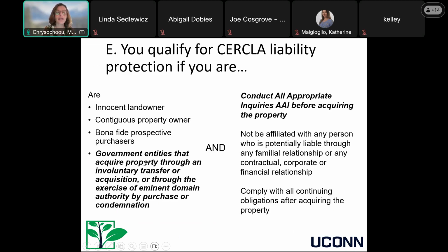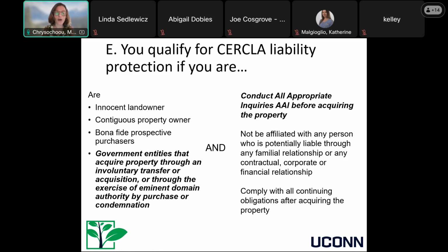Part of showing that you're not liable is also showing that you must conduct all appropriate inquiries, or AAI, before acquiring the property, with the only exception here of tax or eminent domain. You must not be affiliated with any person who is potentially liable through a familial, contractual, corporate, or financial relationship as an entity, and you must comply with all continuing obligations after acquiring the property.